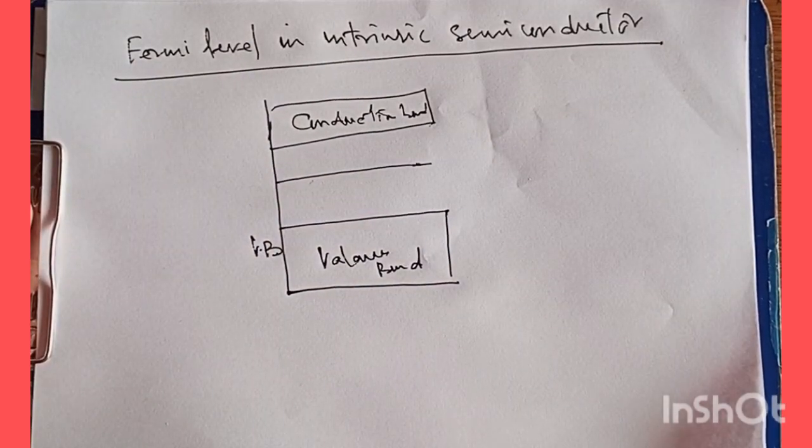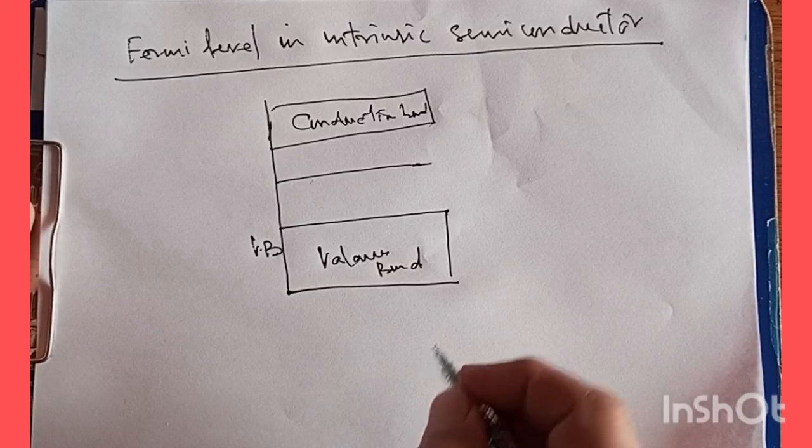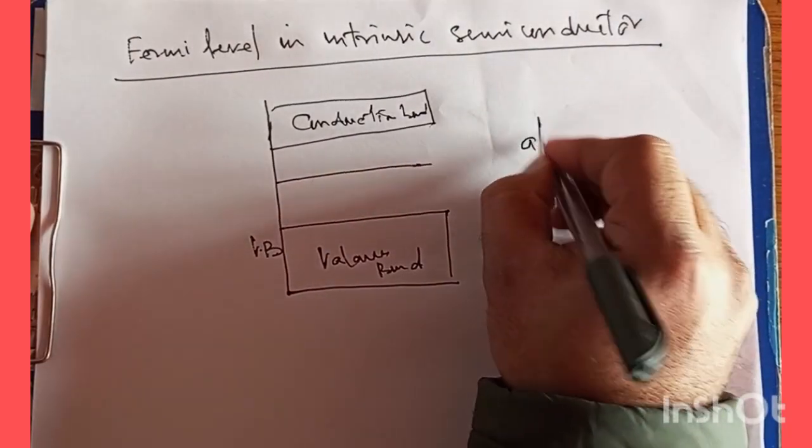Now, as I said, in case of an intrinsic semiconductor, the probability of finding an electron in the conduction band is zero, and the probability of finding a hole in the valence band is zero at absolute zero.